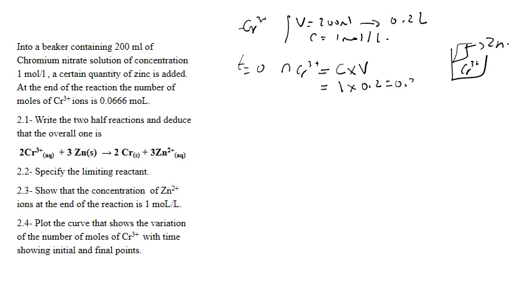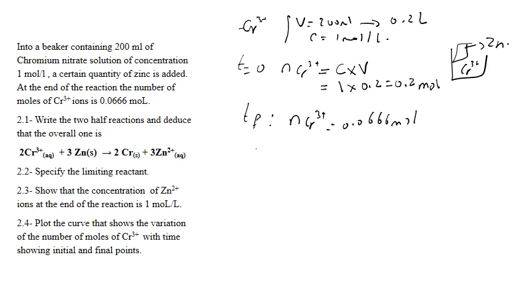So the number of moles of chromium ion Cr3+ at time equals 0, initially introduced, is 0.2 mole. At t final, it is given that the number of mole of Cr3+ is 0.0666 mole. We have to write the two half reactions and deduce the overall one.